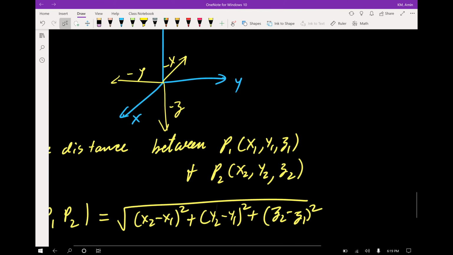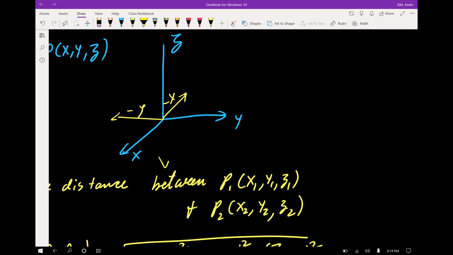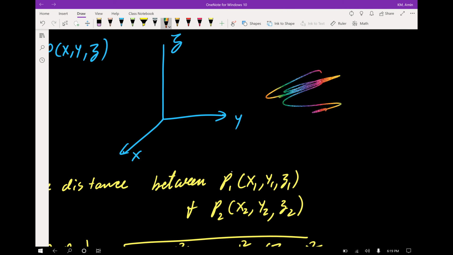Let's do a 3D graph of it. What the heck does that mean? I'll do my best to try to do it. Can you guys see this? Okay, let's say that's your P1, that's your P2.